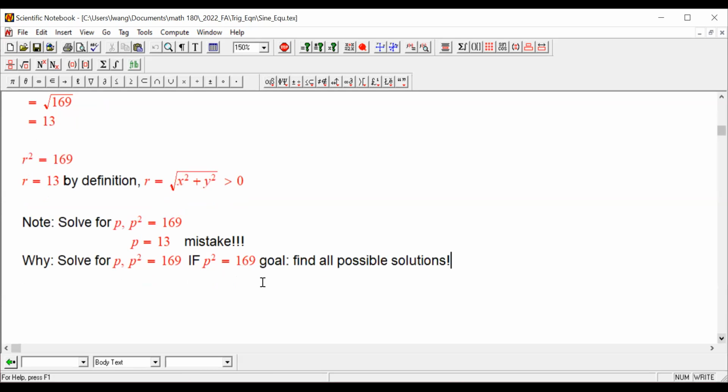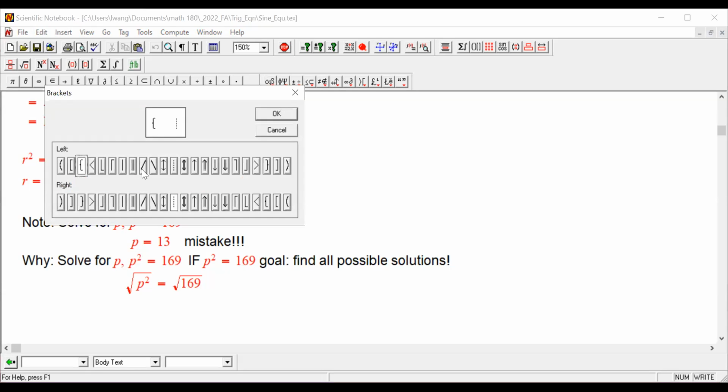In fact, let me show you the work. To find all possible solutions, you're going to take the square root on both sides. Then the square root of p squared is the absolute value of p.